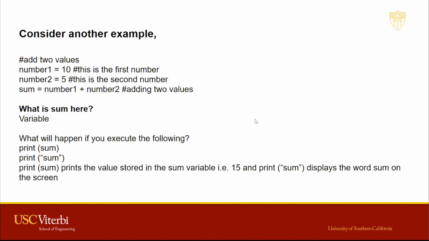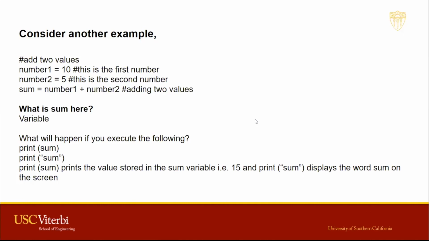So if you print sum, the first line, without the double quotes, Python will print the value stored in the variable sum, which in this case is 15. Whereas if you print sum in the double quotes, Python will print the word sum. So it's very important how you name the variables.